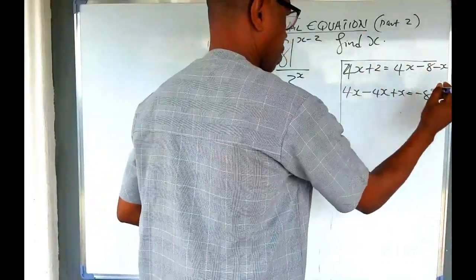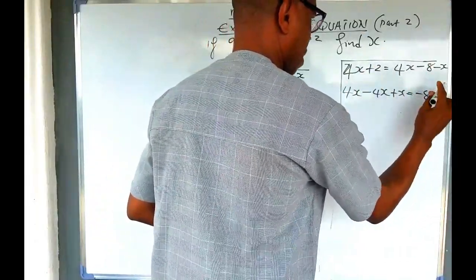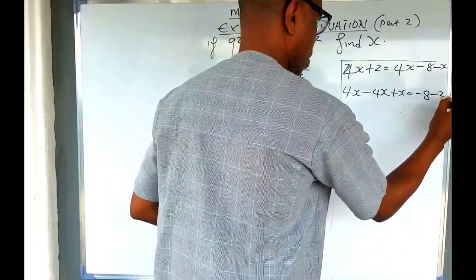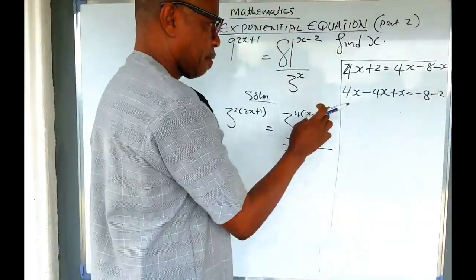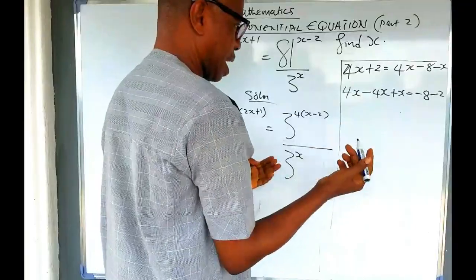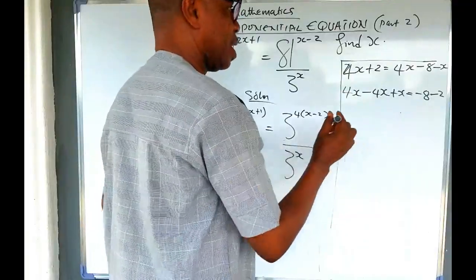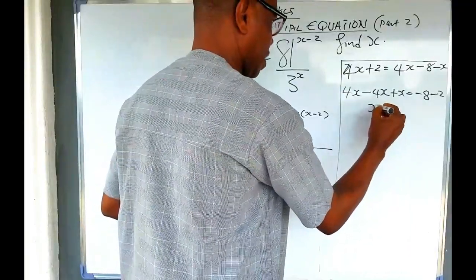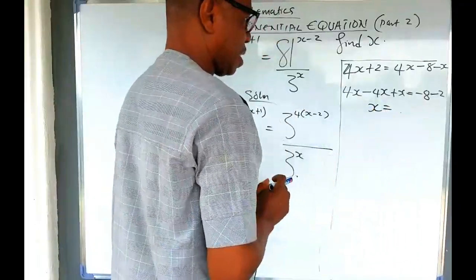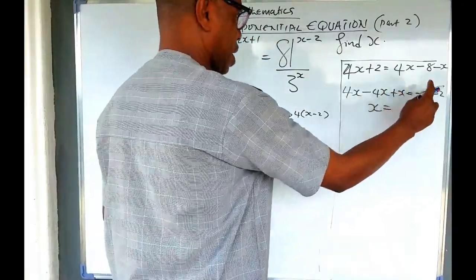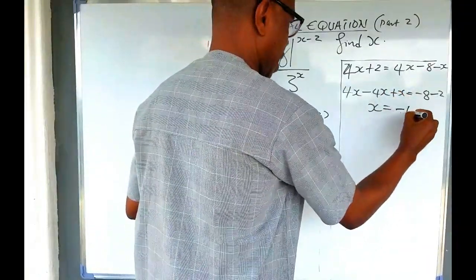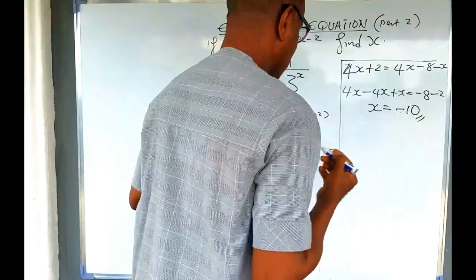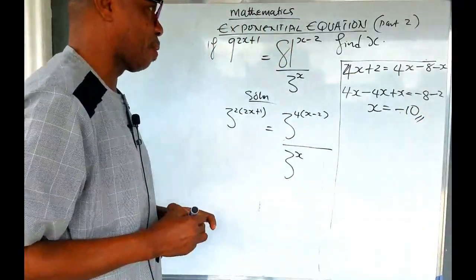This plus 2 will cross over and become minus 2. Now 4x minus 4x, as you know, is actually 0. So what I have left now is x. And x is equal to minus 8 minus 2, which is minus 10. That's how simple this SSC question is.